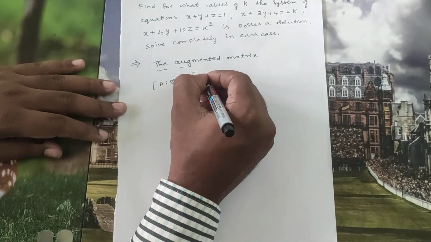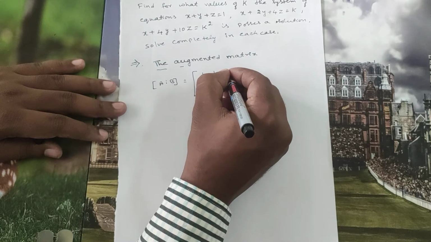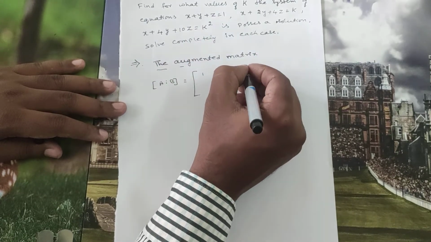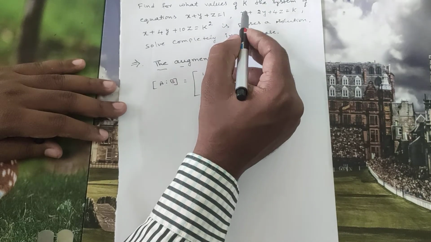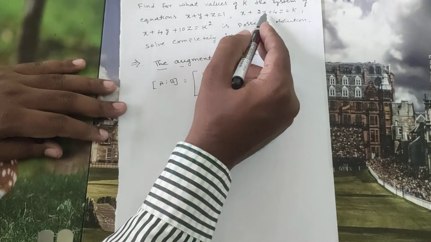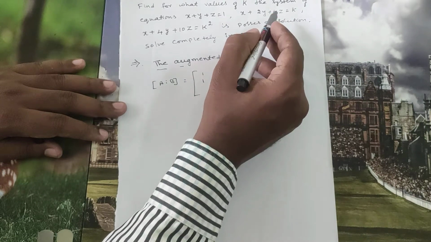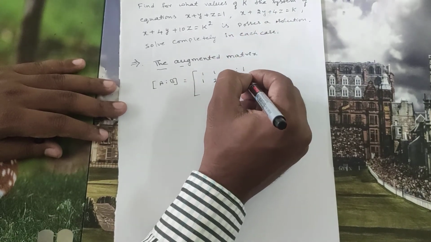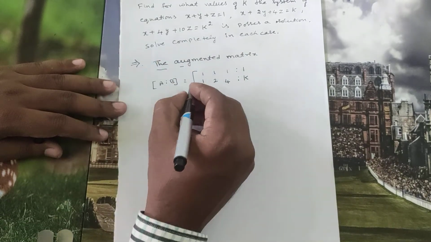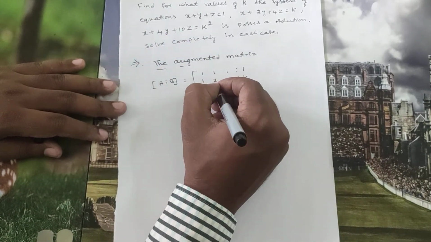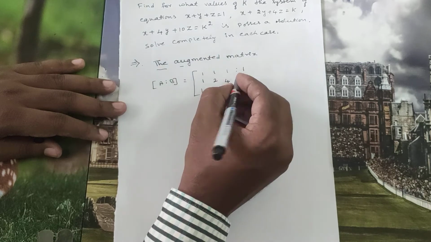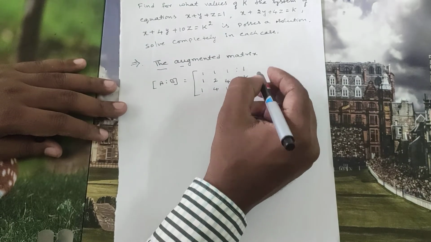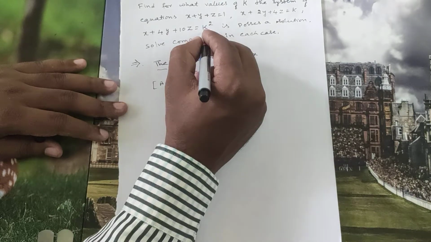X coefficient is 1, y coefficient is 1, z coefficient is 1, first equation, b1 is 1. In the second equation, x coefficient 1, y coefficient is 2, z coefficient is 4, b2 is k. And here x coefficient is 1, y coefficient is 4, z coefficient is 10, equals k square.